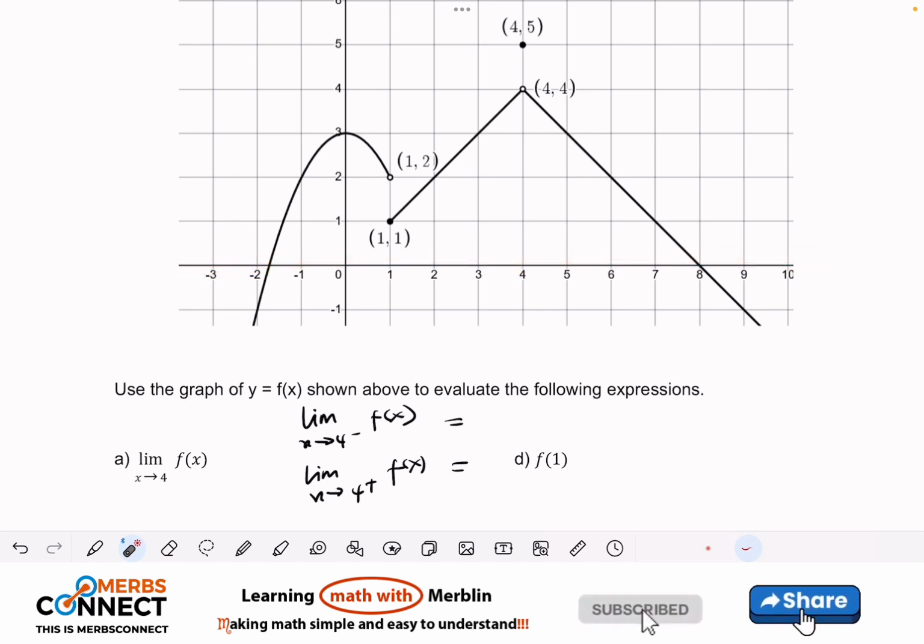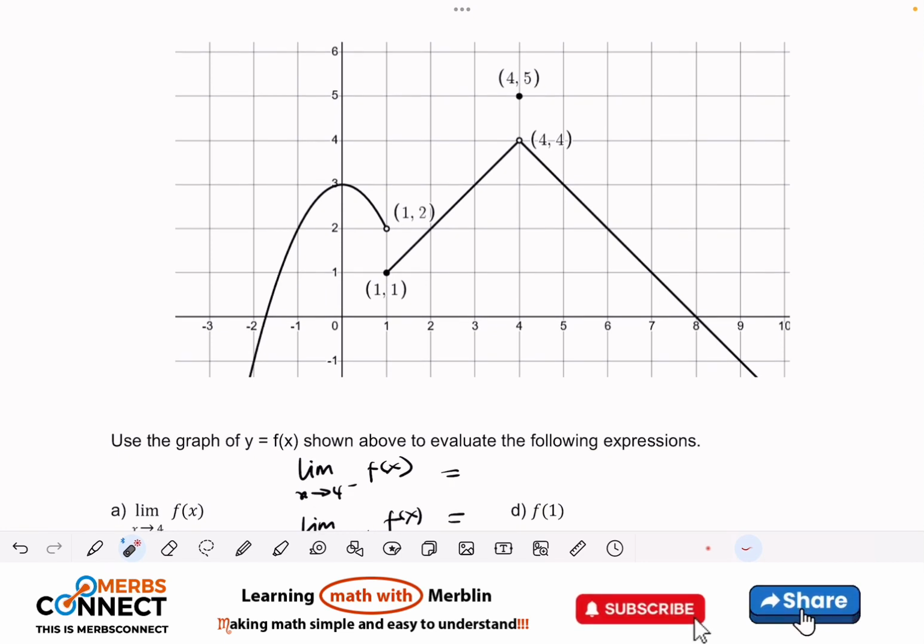So anytime you want to read the graph like this, you can draw a dotted line that passes through 4, because x is approaching 4, right? Then you look at the graph that is going towards the red line here. This is the left side of 4, and this is the right side of 4.